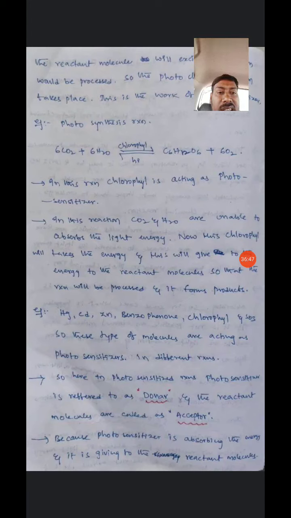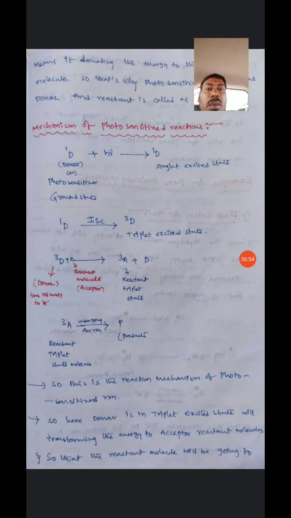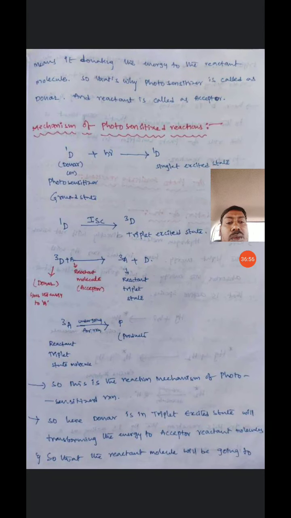The photosensitizer absorbs the energy and gives it to the reactant molecule. It means it is donating the energy to the reactant molecule. So that's why the photosensitizer is called a donor, and the reactant molecule is called an acceptor.